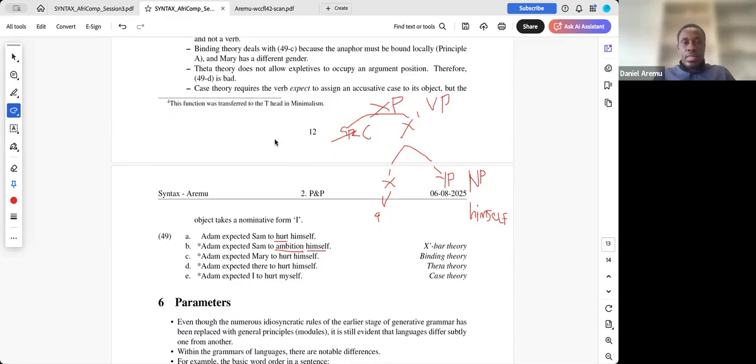49c. Anyone? So why is 49c ungrammatical based on binding theory? Or you can even pick any of the remaining examples. You can pick 49d, you can pick 49e. You can explain. Anyone?